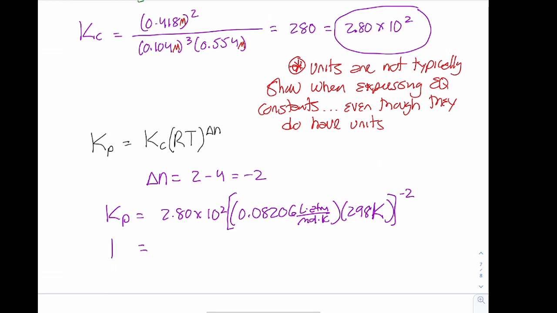And I got that Kp is equal to 0.468. Again, it has units, we just don't need to include them here.